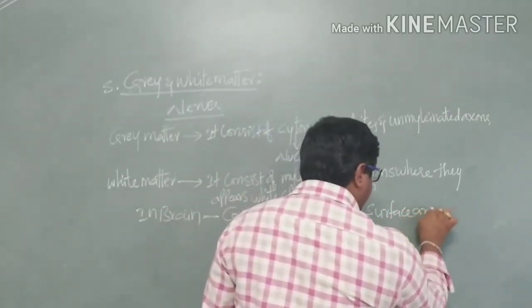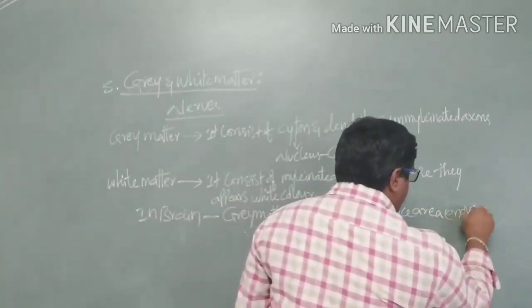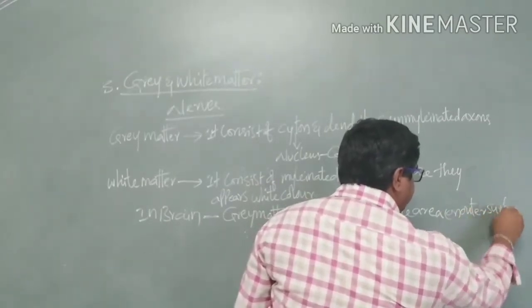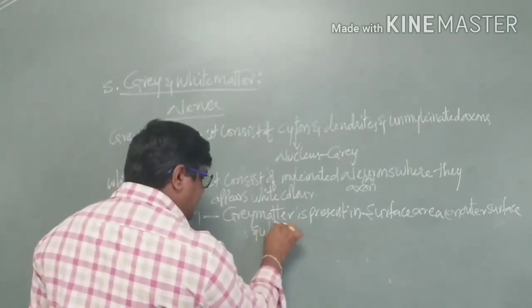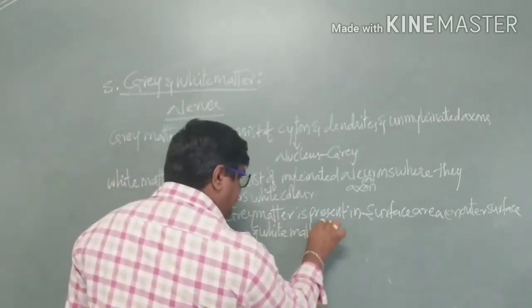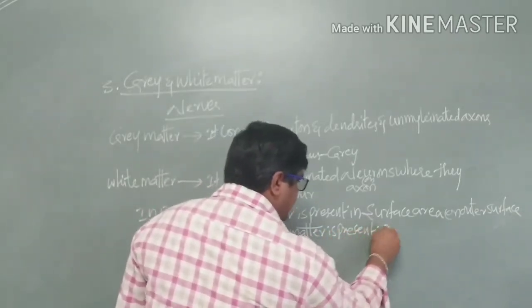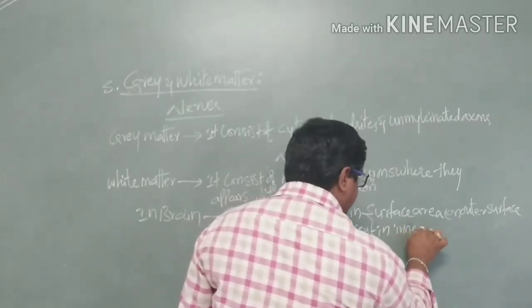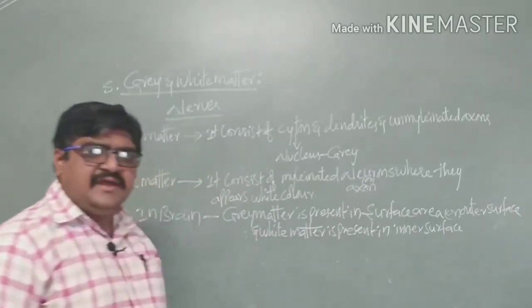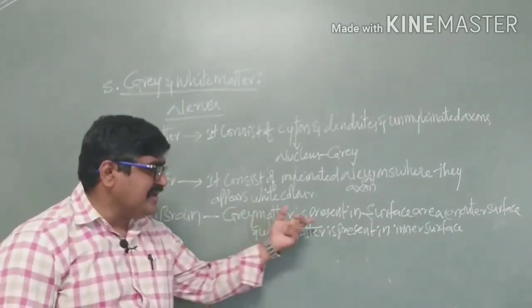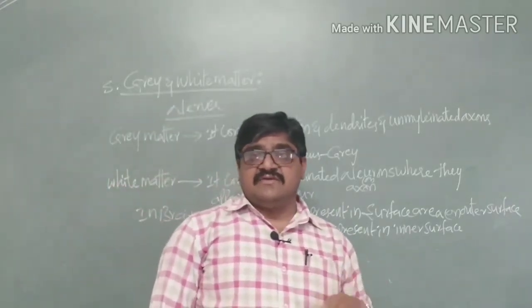Surface area means the outer surface of the brain.